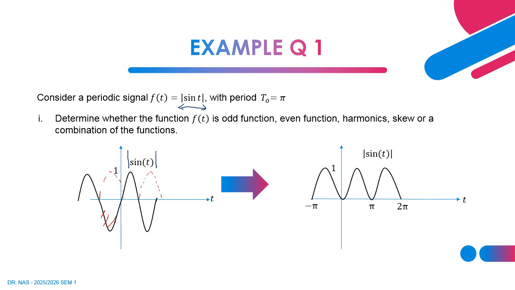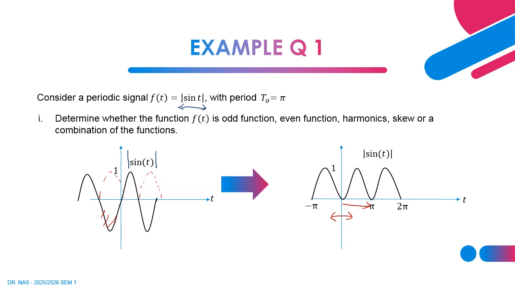From here obviously you can notice that the signal is symmetry. It's a mirror image, and so the signal is basically an even signal or even function. And you can see also the fundamental T repeating again and again.